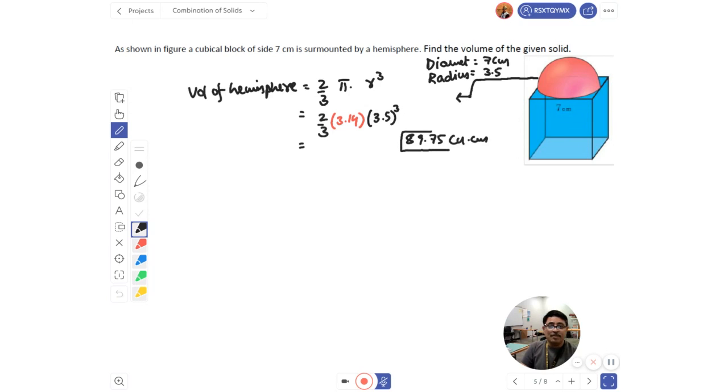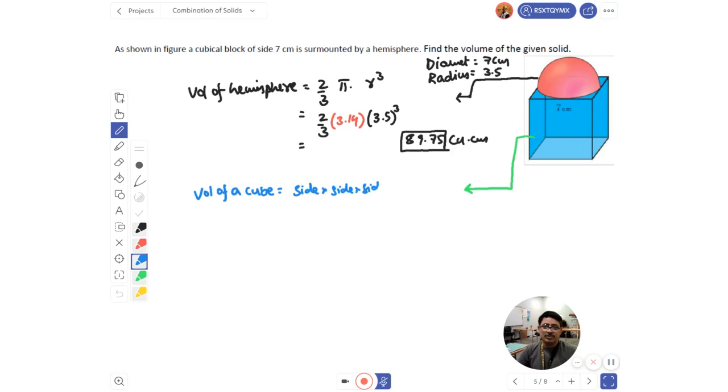So I'm done with part 1, and the second part is this cube. Okay, so let me compute the volume of a cube. Volume of a cube is side times side times side, or side cube. Either of these two you can write.